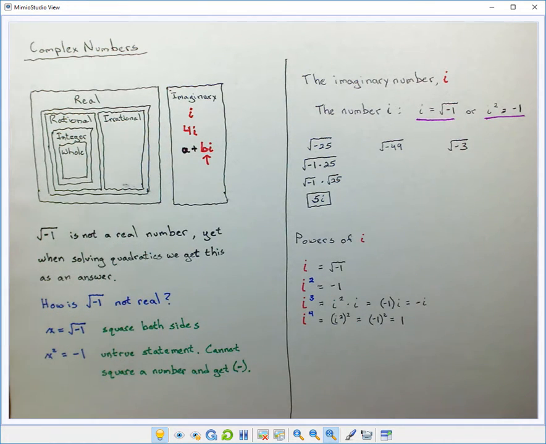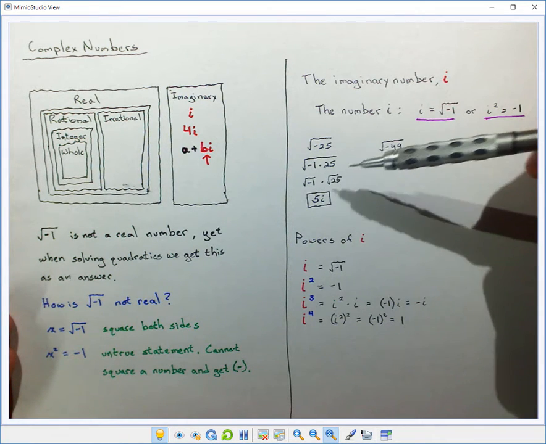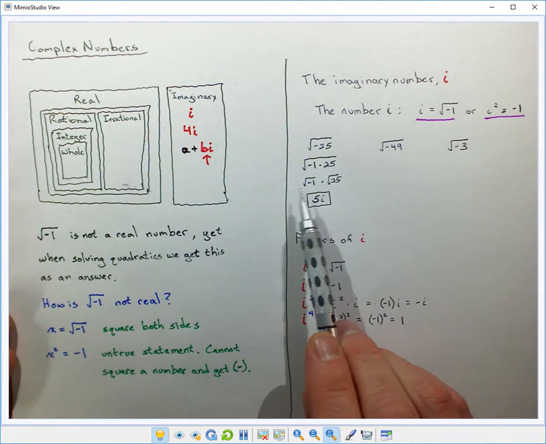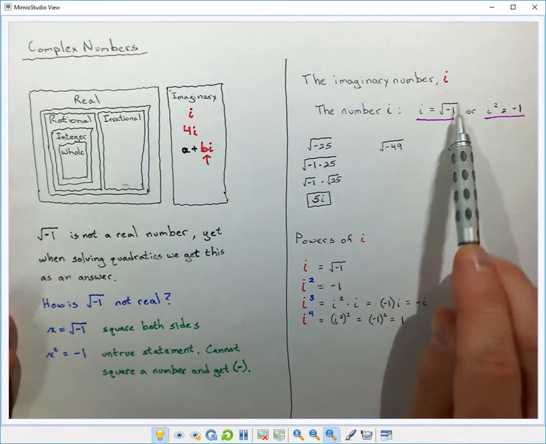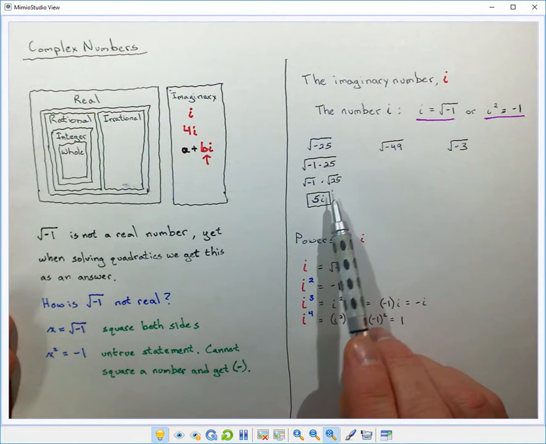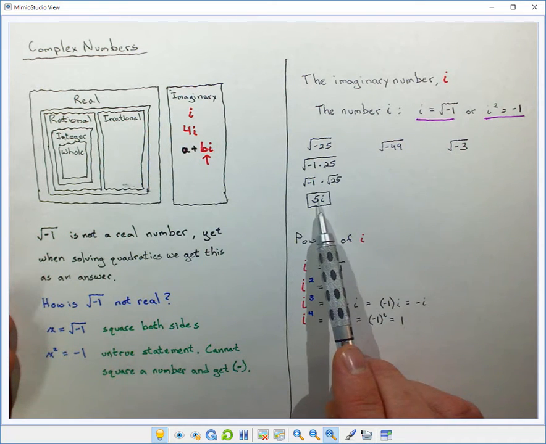I can break that down into a product: negative 1 times 25 under the radical. Then I can separate that radical so I have the square root of negative 1 times the square root of 25. The value of the square root of negative 1 is i, and the value of the square root of 25 is 5. I write the number i as though it's a variable, after my numeric value.